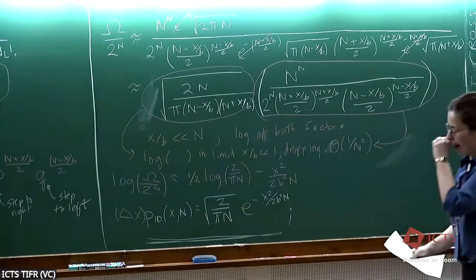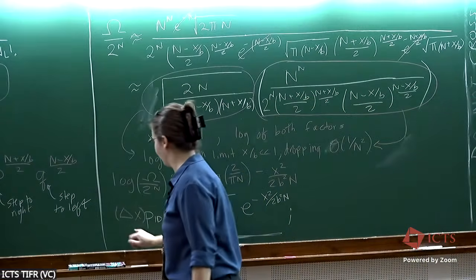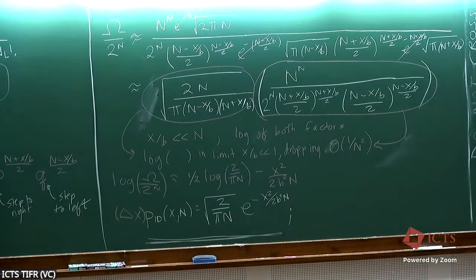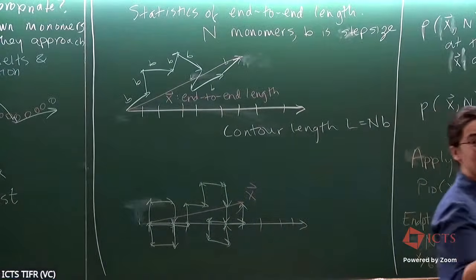And the window delta x should be related to b, the size of our steps, right? It turns out to get the normalization right, you actually have to recognize that this is 2b.